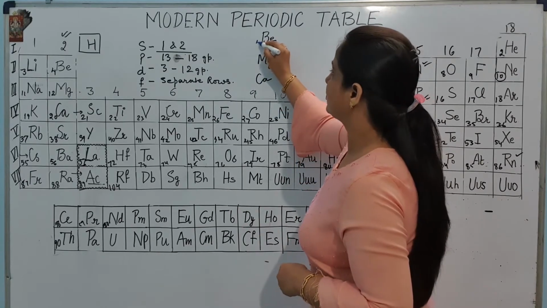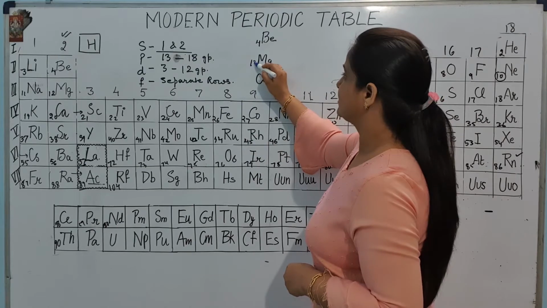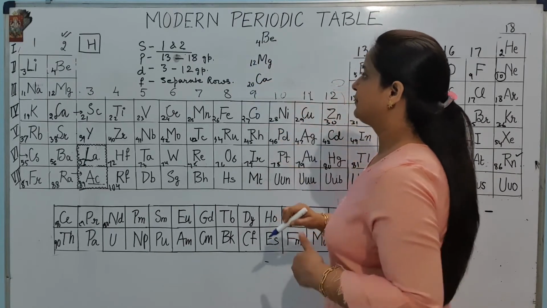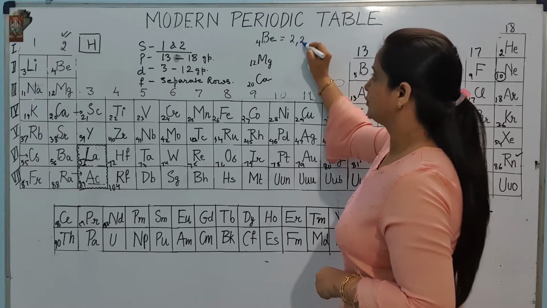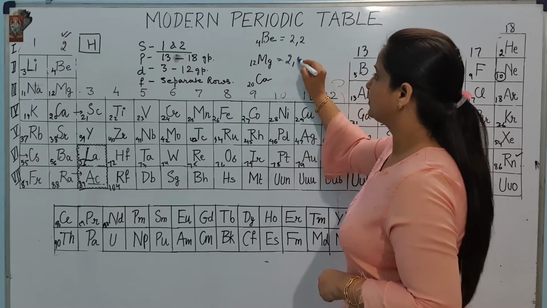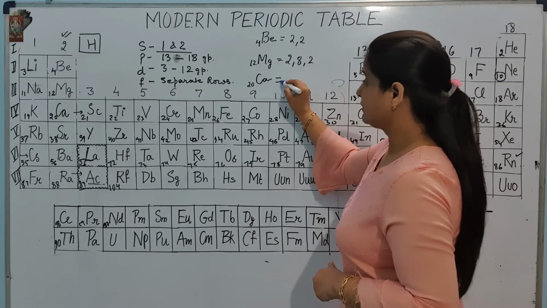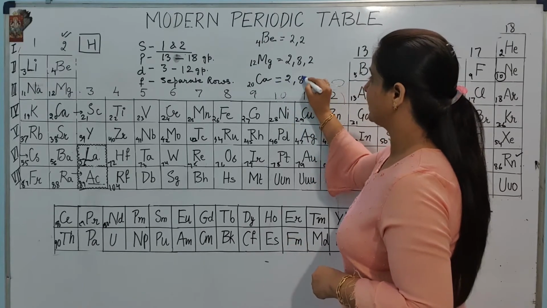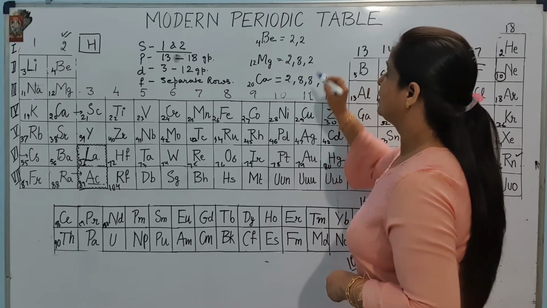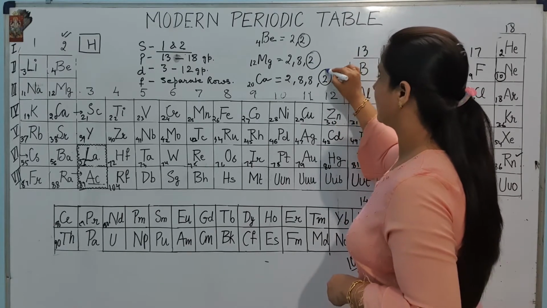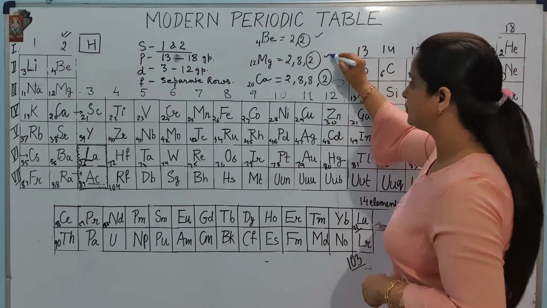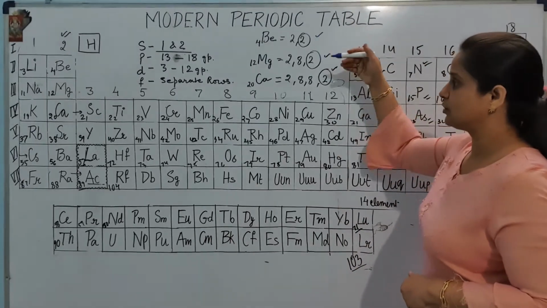The atomic number of beryllium is 4, magnesium is 12 and calcium is 20. The electronic configuration of beryllium is 2, 2, magnesium is 2, 8, 2 and calcium is 2, 8, 8, 2. All of you can see very clearly that all these 3 elements have 2 electrons in their outermost shell.